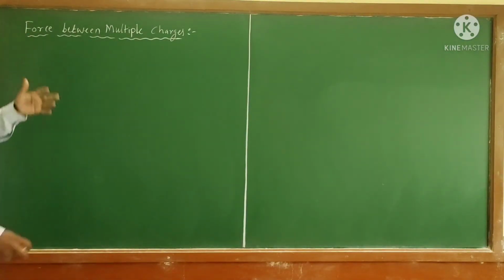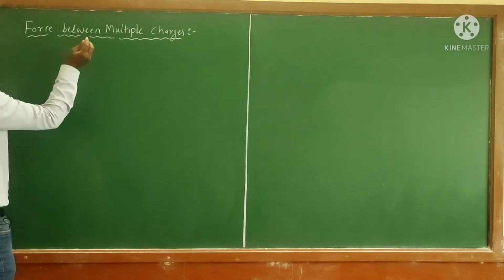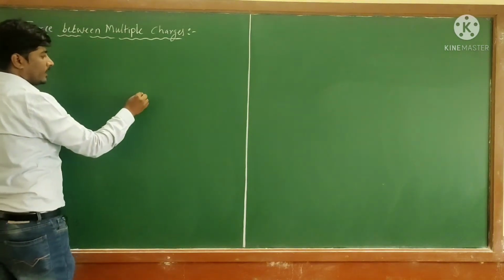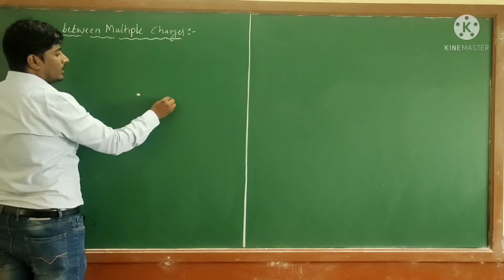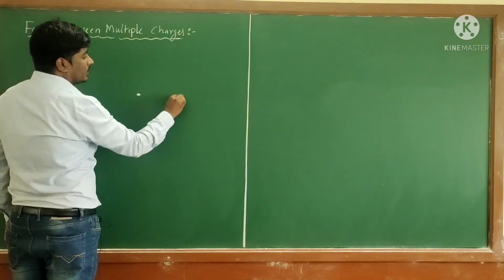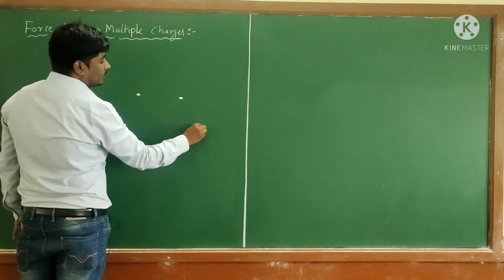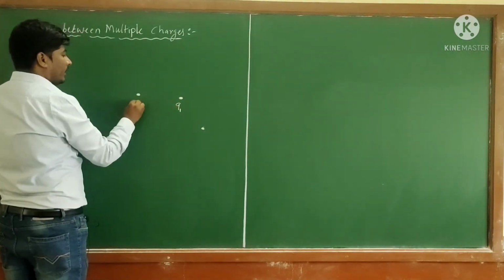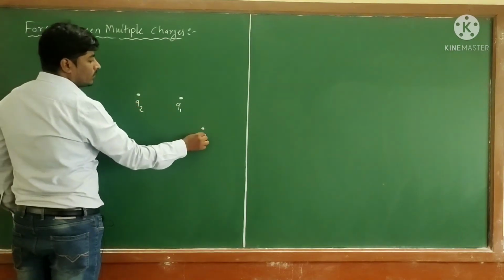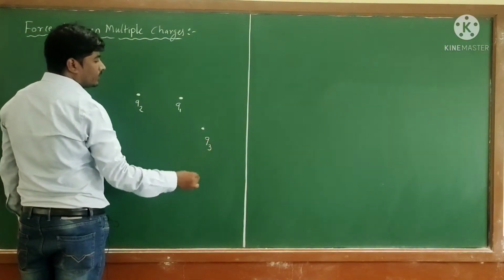Say that there are 3 charges present like this. I will call this Q1, this Q2 and this Q3.